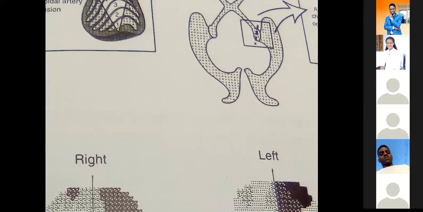So this is typical of optic tract lesion. The right eye, which has the temporal fibers, will have a nasal field defect, while the left eye will have a temporal field defect. So this is what we call homonymous hemianopia, typical of optic tract lesion.